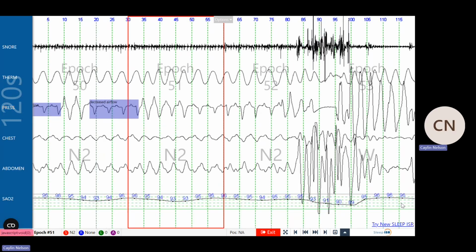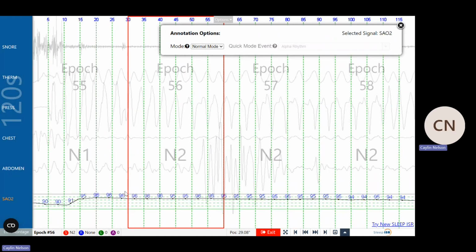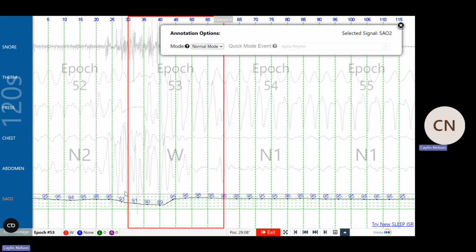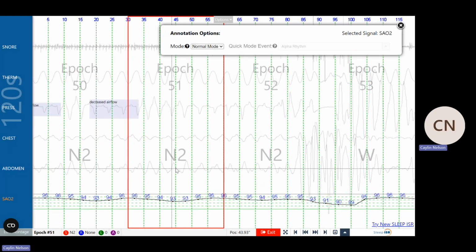Continuing on in that pressure channel, you do see another what looks like an arousal. But let me go back. Okay, there we go. We're going to look back in our SaO2 channel. We already identified that we had some decreased airflow in epoch 50 as well as going into epoch 51.